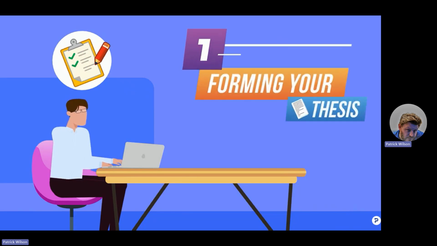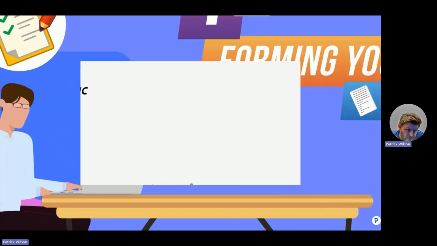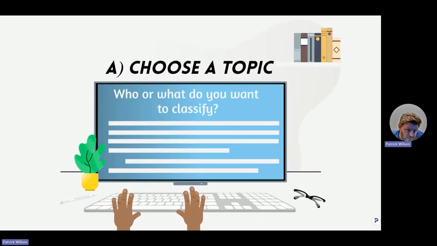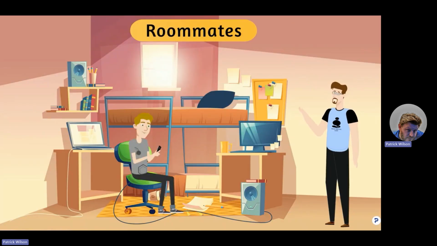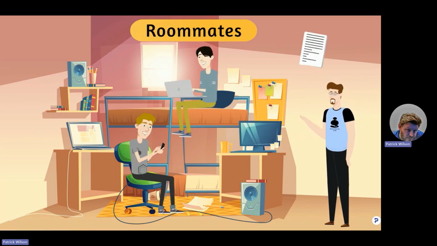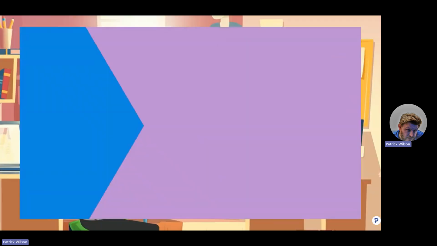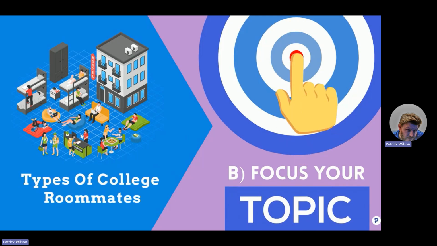Step 1. Forming your thesis. A. Choose a topic. Who or what do you want to classify? For example, roommates. This essay is for college students. The purpose is to acquaint college students with the types of roommates. B. Focus your topic. Types of college roommates.